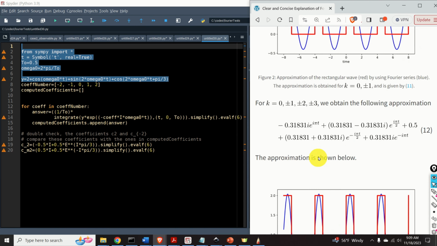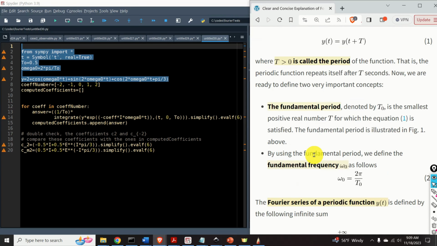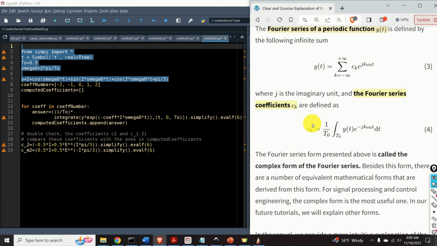Instead, I will use the formula given over here. That is, I will directly use the definition of the Fourier series coefficients. And in this way, that is, by performing computations in two different manners, we will be able to verify the computed expressions. In this for loop, I'm computing this integral.